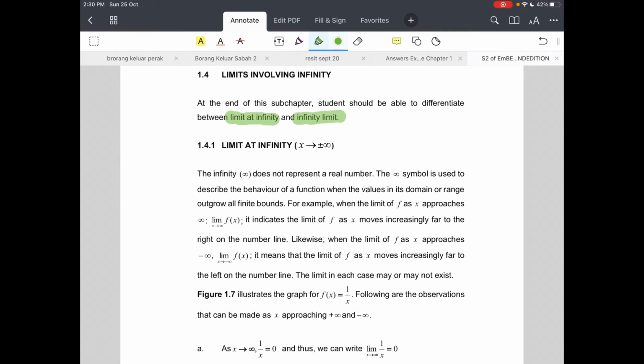Limit at infinity is when x approaches plus or minus infinity, whereas infinity limit is when x approaches any number and the final answer will be plus or minus infinity. So that's the difference. One involves x approaching infinity. The other is when the answer for that limit function equals plus or minus infinity.